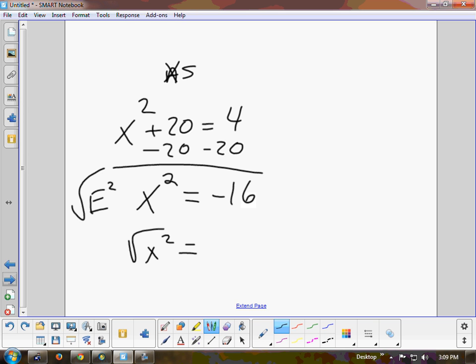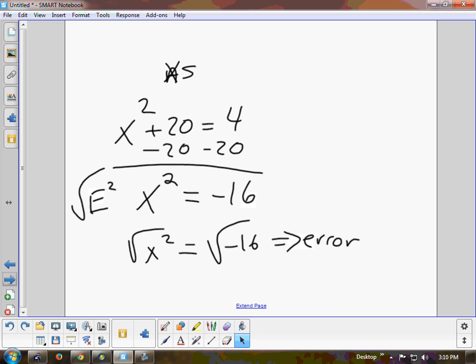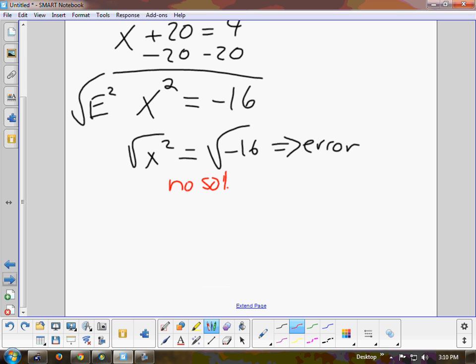Now you got to be careful here. When you enter the square root of negative 16 on your calculator, it gives you an error. Okay? So this would be no solution. Don't fall for the fact that you think it's negative 4. Because we need the same number to multiply to equal the question.